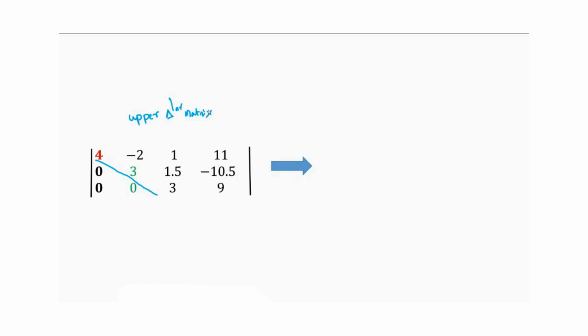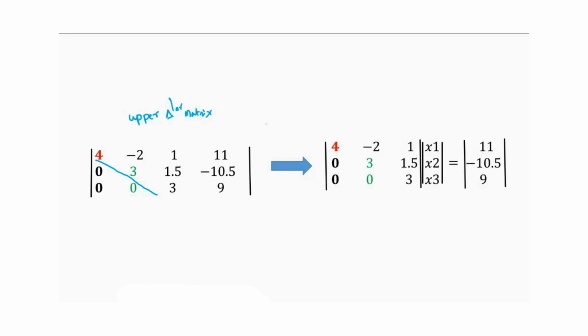I have included everything here and segregated it: x1, x2, x3, and these are the lower triangular elements and the equation. So this is the A dash matrix, this is X, and this is B dash, the new elements of the B matrix.